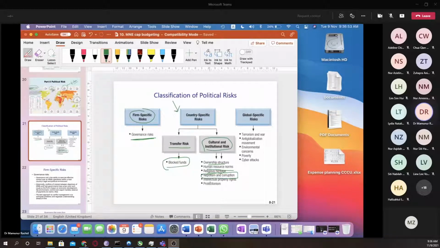Intellectual property rights. There are violations of intellectual property rights. If this is available in that country, you lose your innovation. So you may not want to do business with that country because your billion-dollar innovation will be lost. For example, Pfizer is currently producing capsules for COVID-19, and that's intellectual property. But if they come to China, China will copy everything, and Pfizer will lose profit.